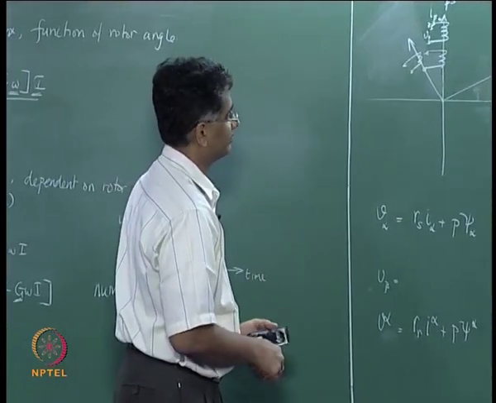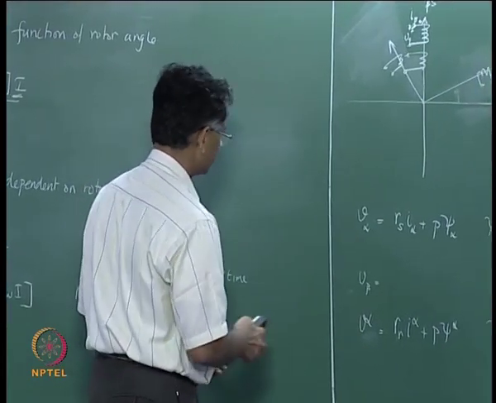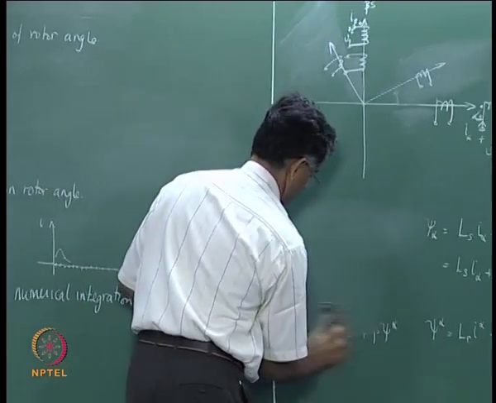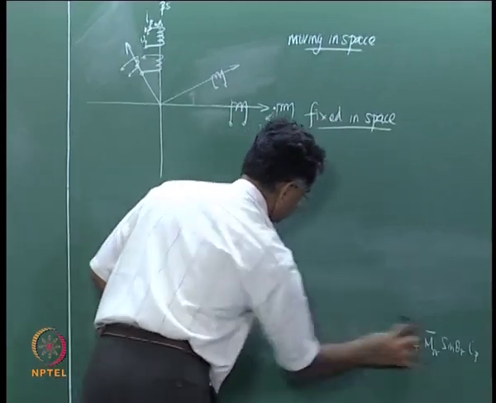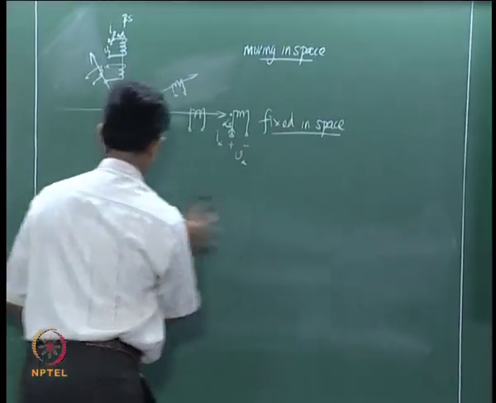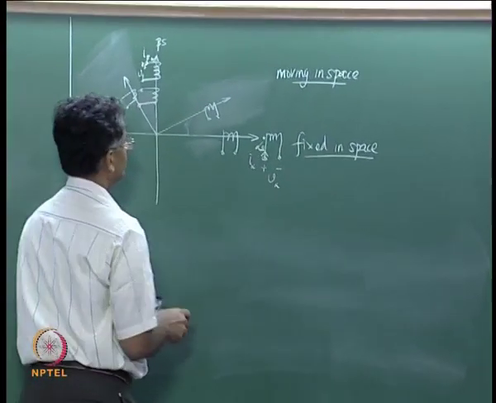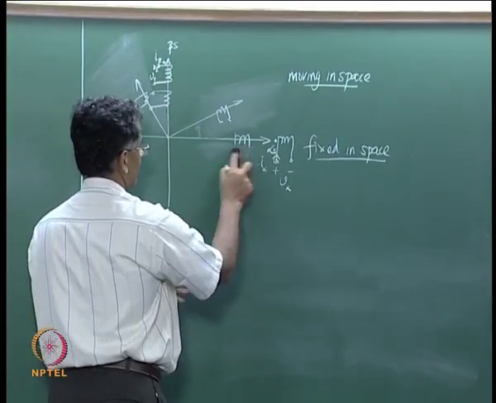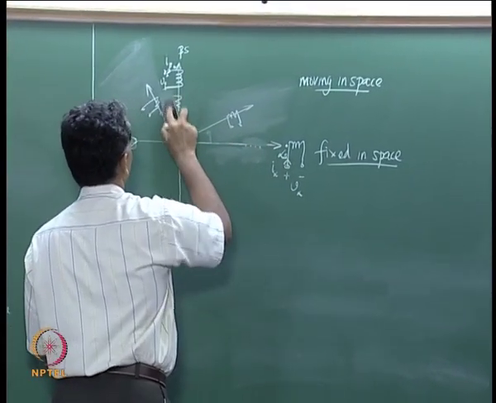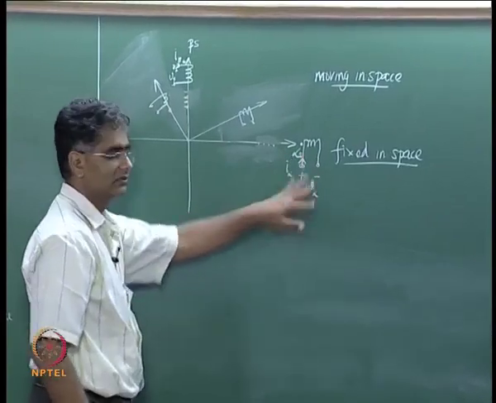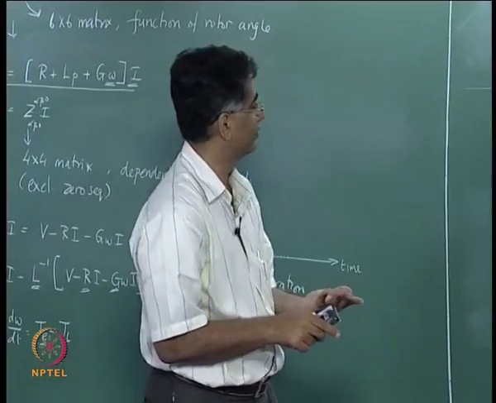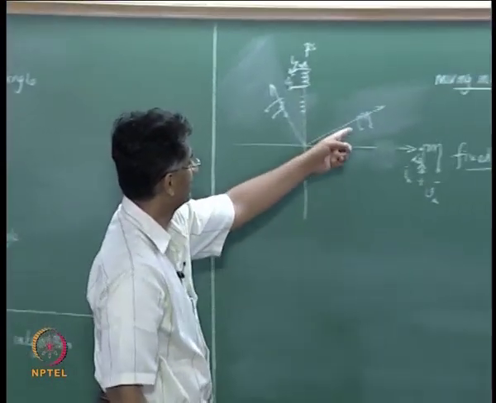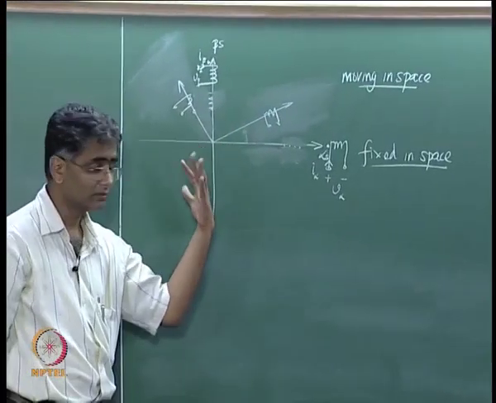So let us look at that situation and see what happens by doing this. So the alpha s coil is already fixed in space, so we need not do anything to that. It is only this coil and this coil that are moving.